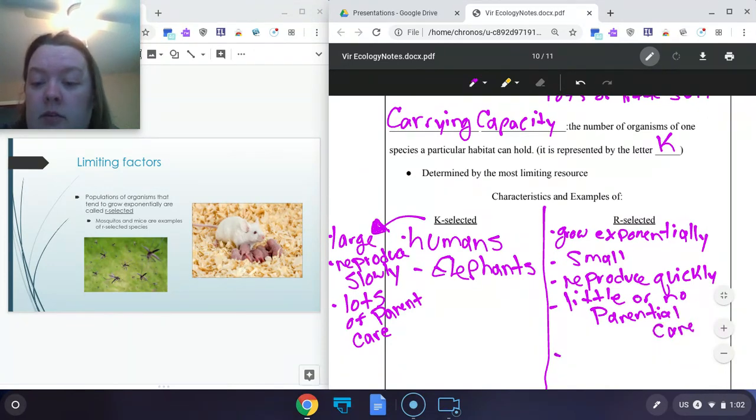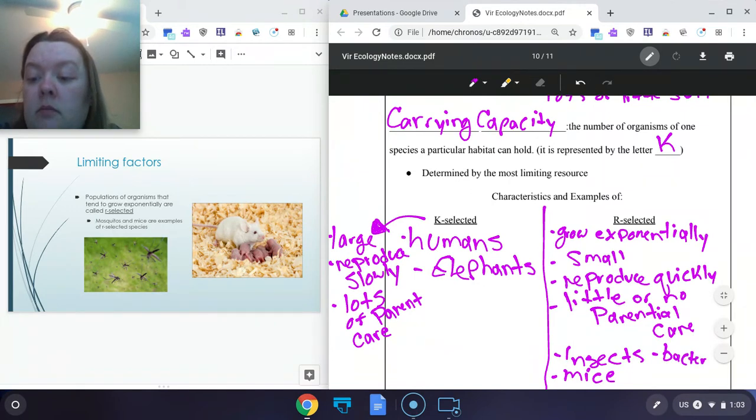Examples of that would be insects. Insects don't care for their offspring. Mice, they have tons of babies at a time and they don't care for their offspring. Bacteria, again, lots of offspring and they don't care for them.